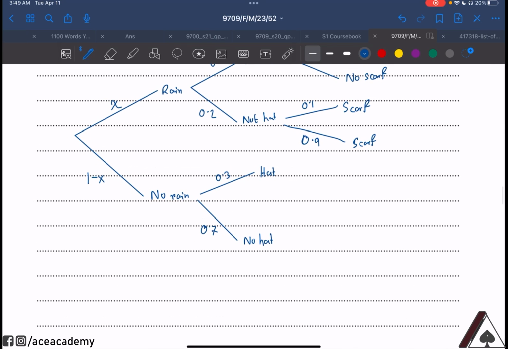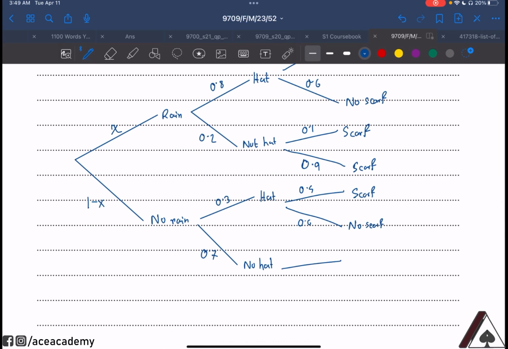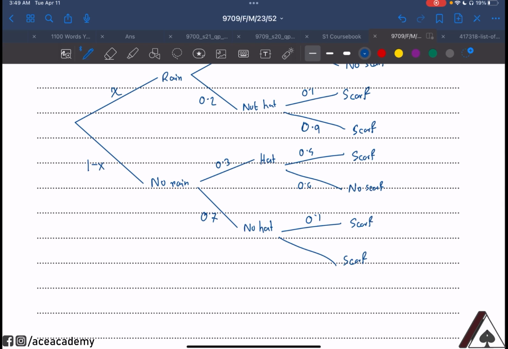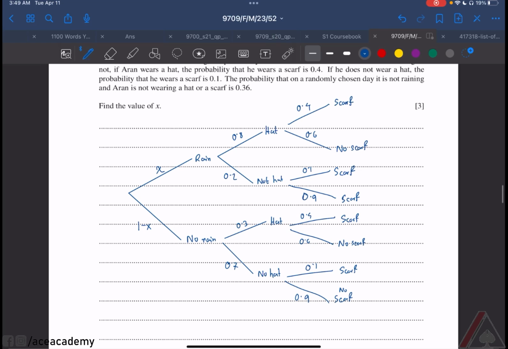Okay, then hat again 0.4, no scarf 0.6, no hat 0.1, and no hat, no scarf it's 0.9. Okay, the tree diagram is complete.